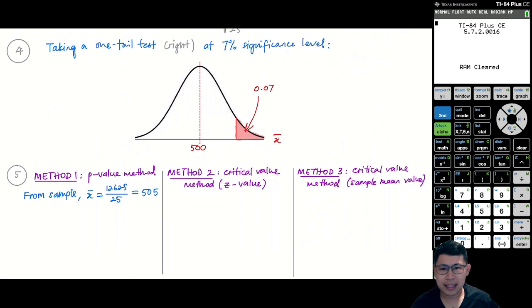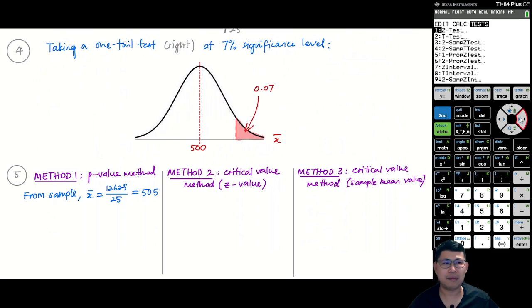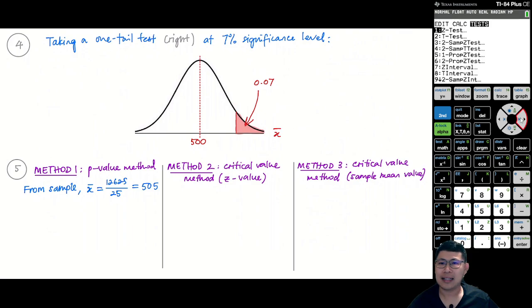There are many ways in which we can find our p-value. The first immediate way is to go to statistics, then tests. Because this is hypothesis testing, we go to the z-test, because we're using the z distribution, or the normal distribution.